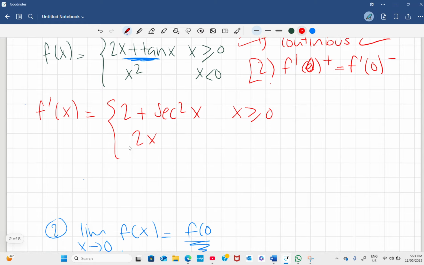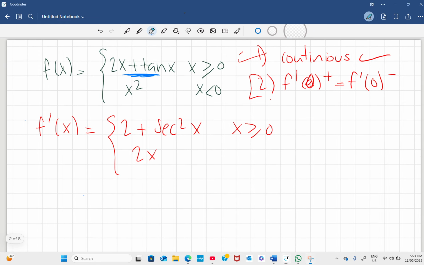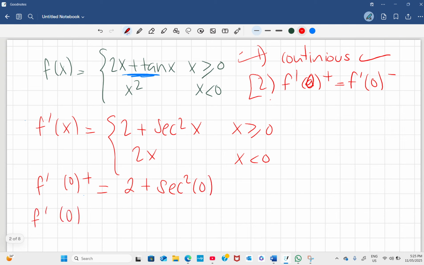Now I'm going to check f prime at 0 to the right. Which one is it going to be? This one, because it is greater than. So 2 plus secant squared 0, which gives me 3. And I'm going to check it from the left, which is 2 times 0, which gives me 0.